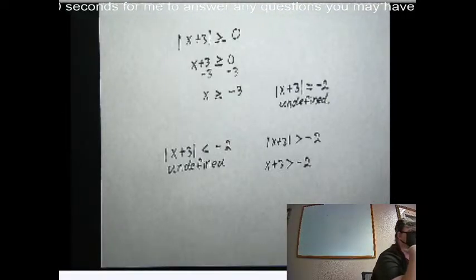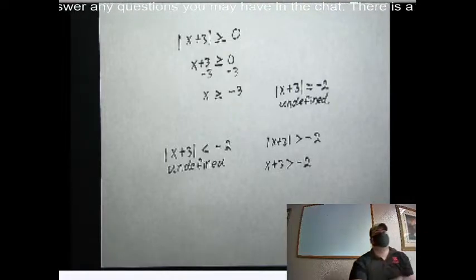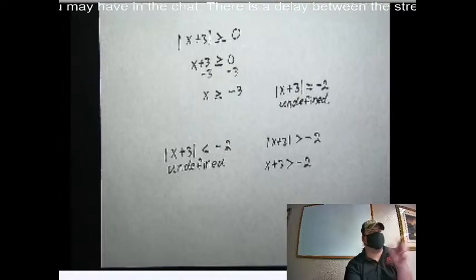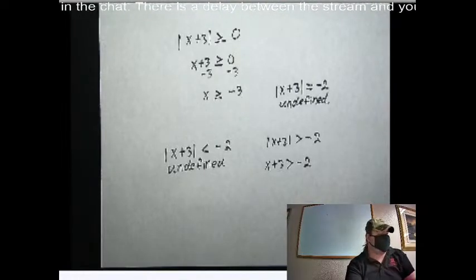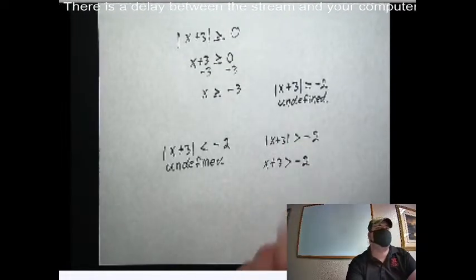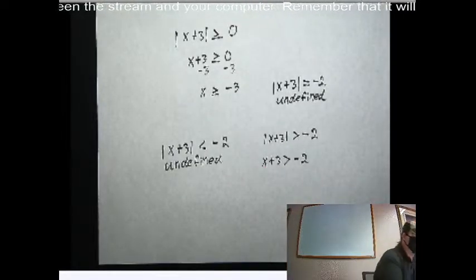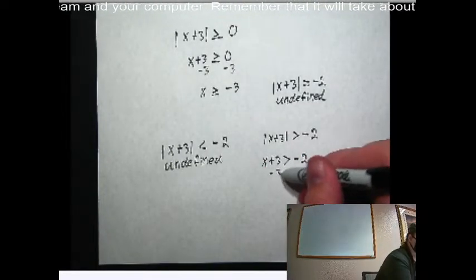Do we need a second case? No, we do not. Because there's no possible way to make that second case work. It wouldn't be something that would be greater than negative 2. So this is all we need. Okay, so we just subtract 3.